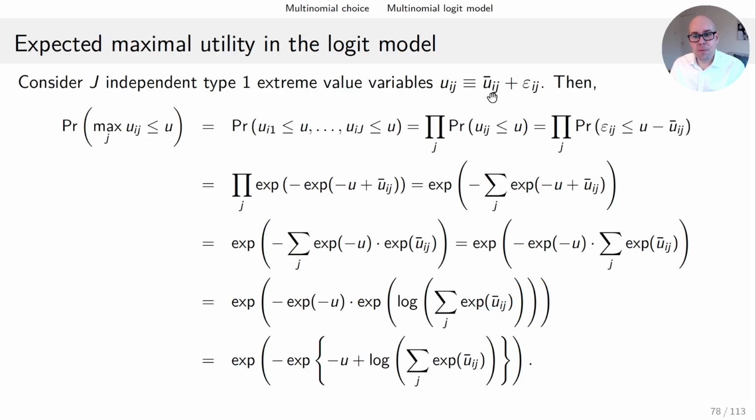It's a bit of a misnomer, but it's one that is kind of accepted, and people know about this. One thing you can do is recenter these epsilon ij, so you can define them as demeaned versions of a type 1 extreme value. It will not really change the derivation here.